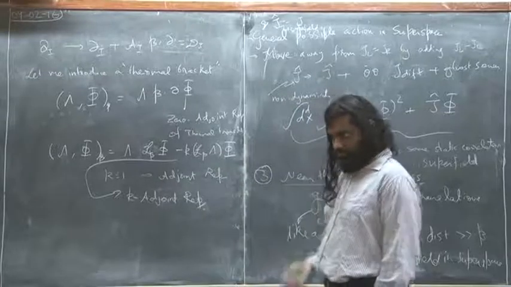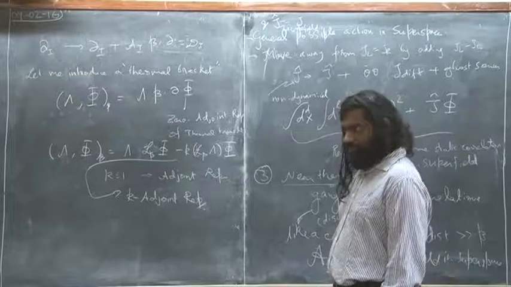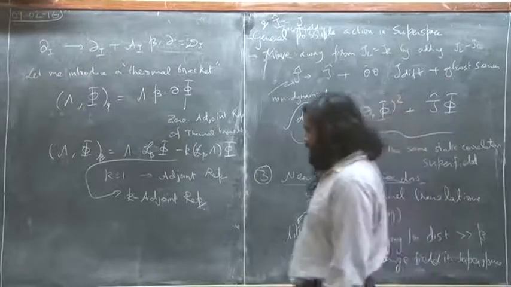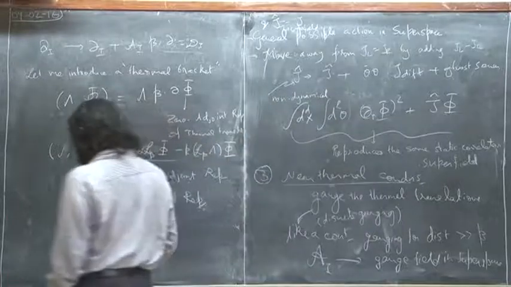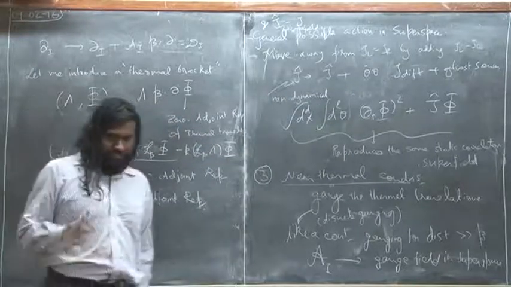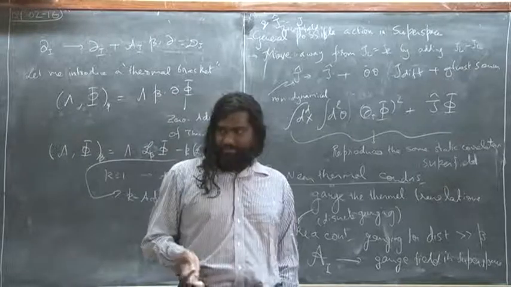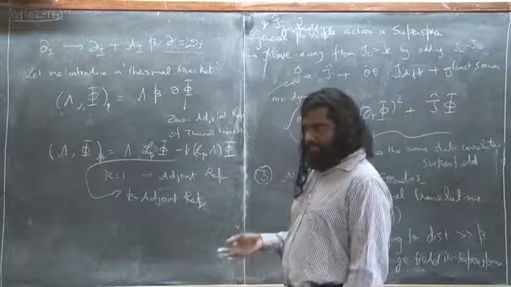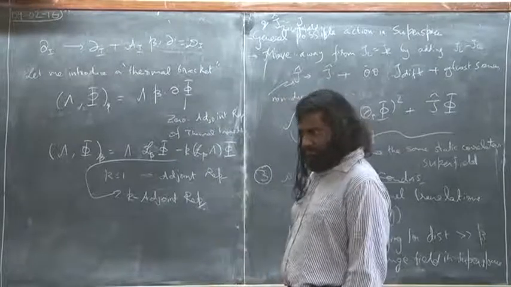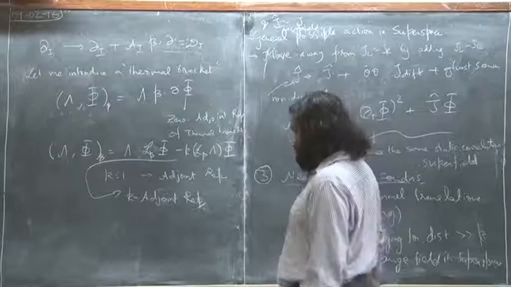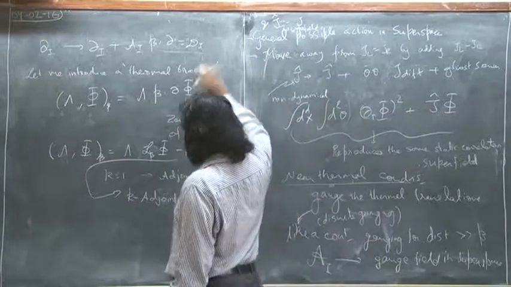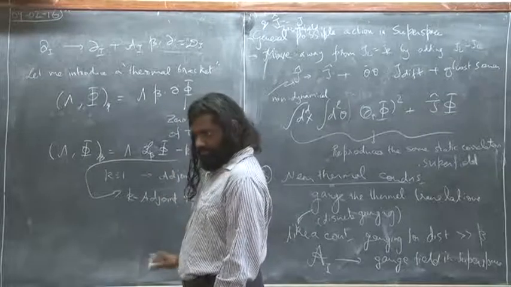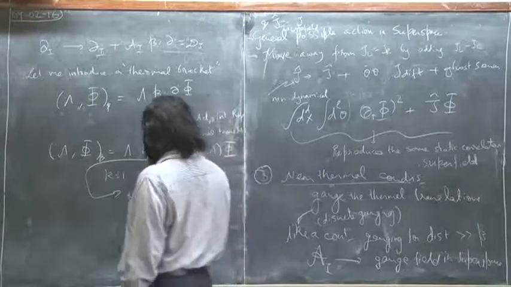So are you saying that it's obvious that this is the right thing to do, or is this a proposal that you will check with tests? It doesn't seem obvious to me somehow. The one thing I did show yesterday was that at least in the scalar theory it works like that. Is there a kinetic term for this gauge field? Yes, there is a kinetic term, but I won't be talking about the dynamics of the gauge field today.